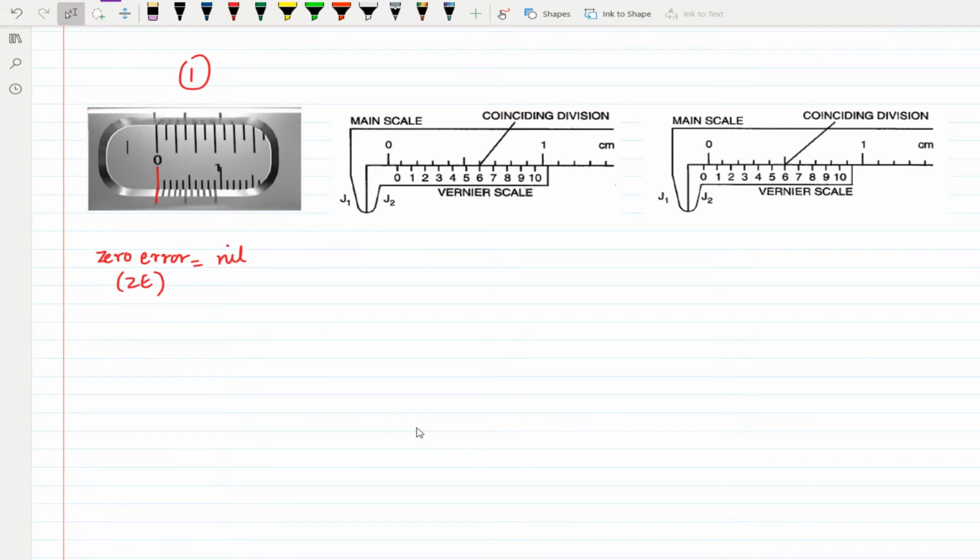That means there is no zero error in this case. But if you see the second case, after closing the jaws, the zero of the vernier is lying over here and the zero of the main scale is lying over here.